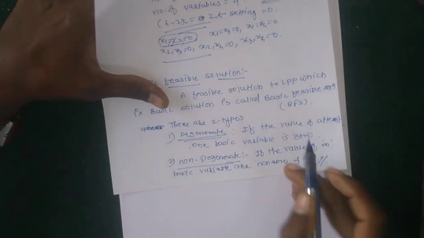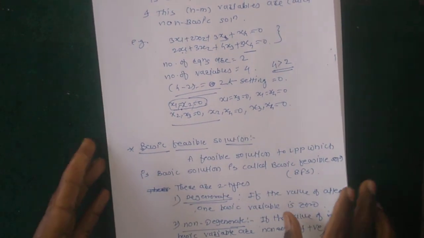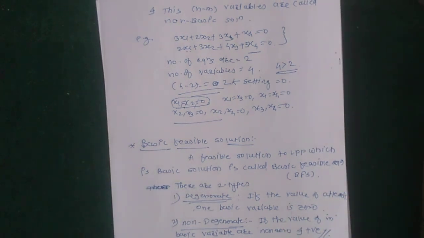If the values of x1, x2, x3, x4 are non-zero and positive, then we say that the given solution is a non-degenerate solution. Okay, so the next lecture is examples of how to find basic solutions.